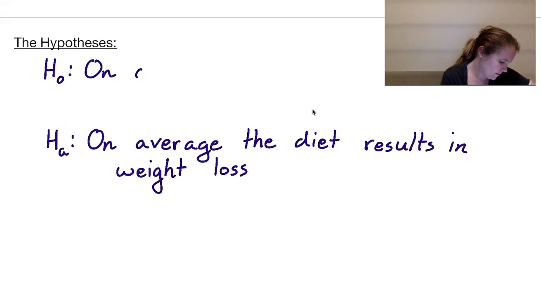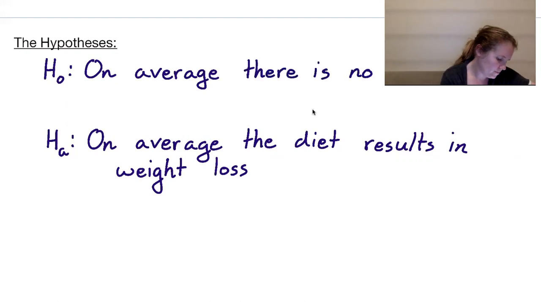And then on average, there is no change in weight from the diet.